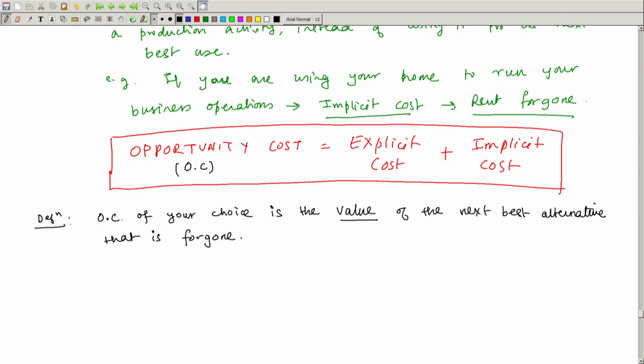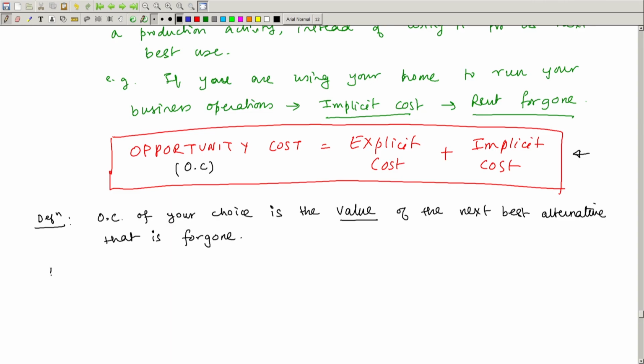So, you have some choice that you have made. You could have used that resource for some other activity as well. So, opportunity cost of your choice is the value of the next best alternative that is foregone. And to compute opportunity cost, I essentially have to add up the explicit and the implicit costs.